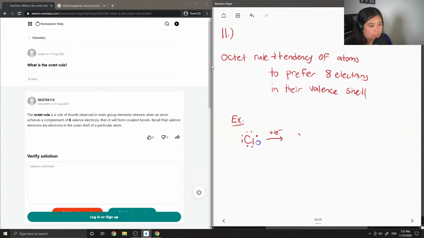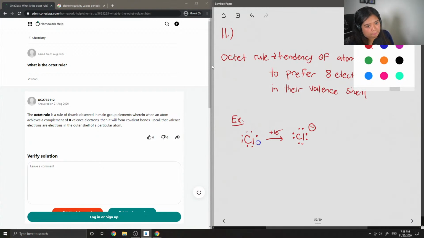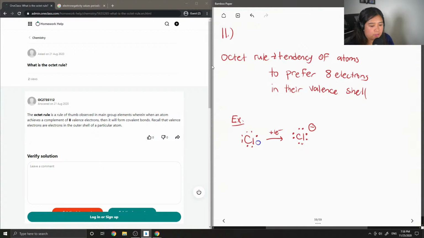So let's say it gained an electron. So now chlorine becomes the chloride ion because it has an extra electron. And we typically find the chloride ion more commonly since it is in its more stable form.